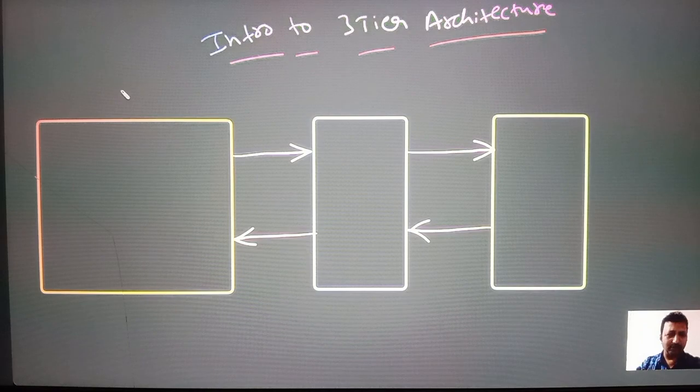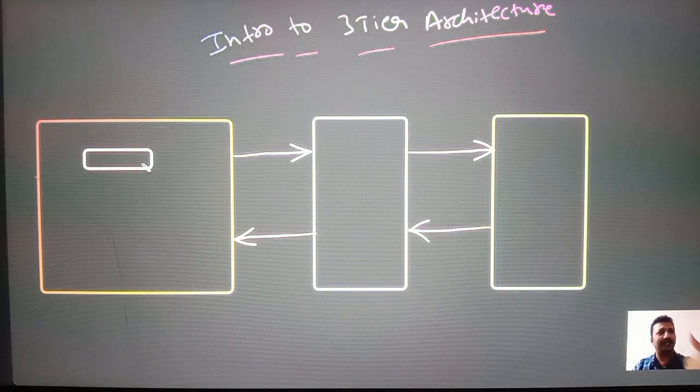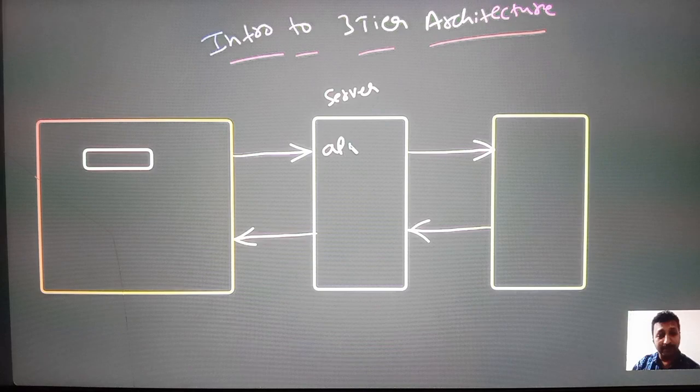So now I wanted to create a button. On click of the button, I wanted to send the request and get the data that I want. Now how do we do it? For example, this is called the server. In the server, there will be so many API endpoints.